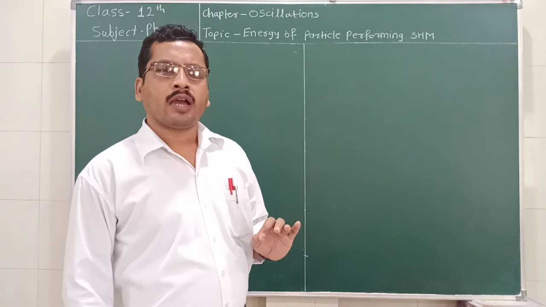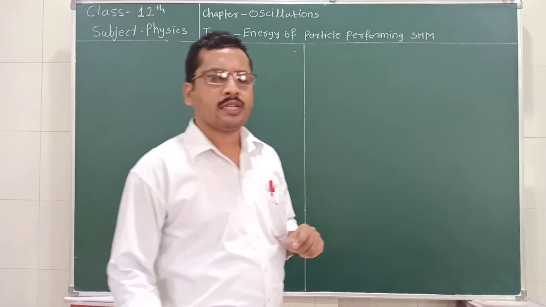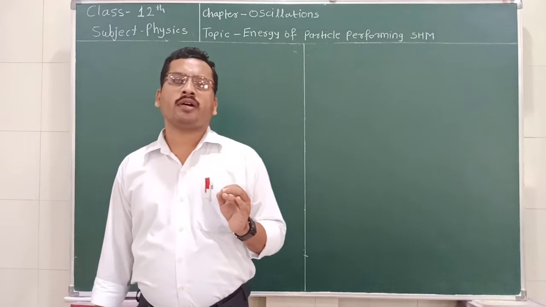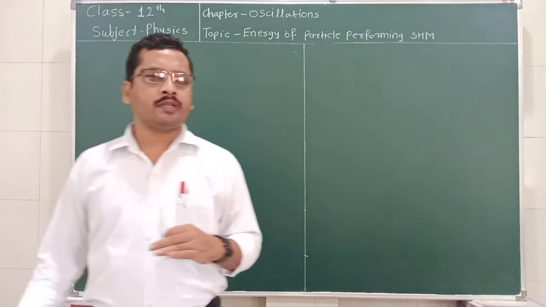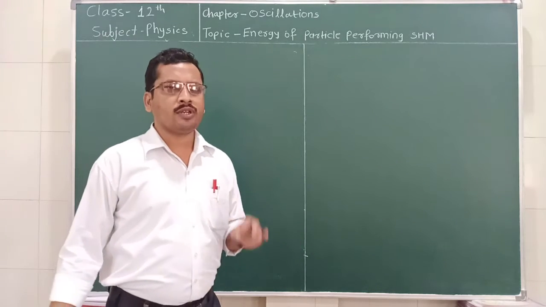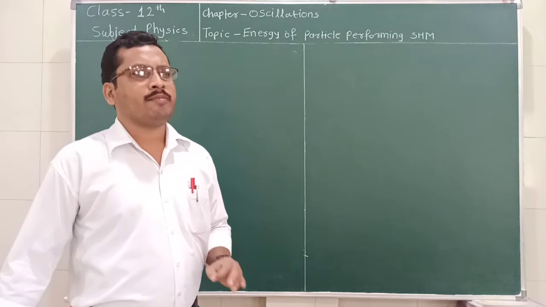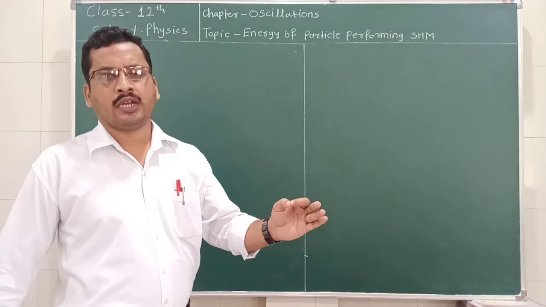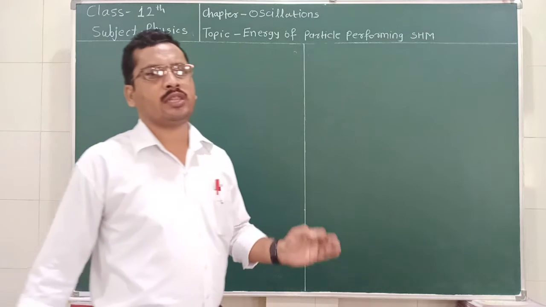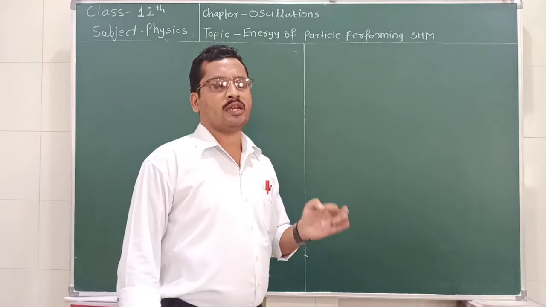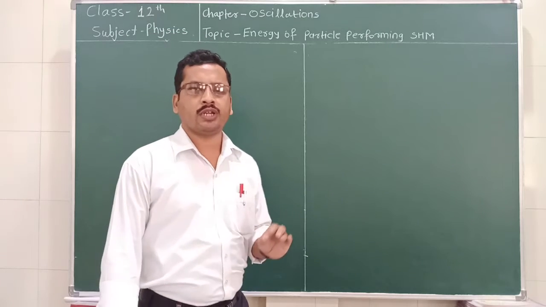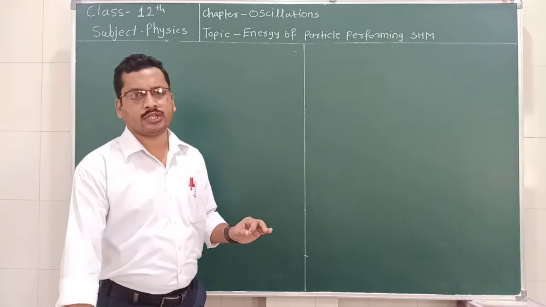And how do we get the potential energy? Potential energy is due to the position of the particle performing simple harmonic motion. As time changes, the particle changes its position, therefore the potential energy also changes.